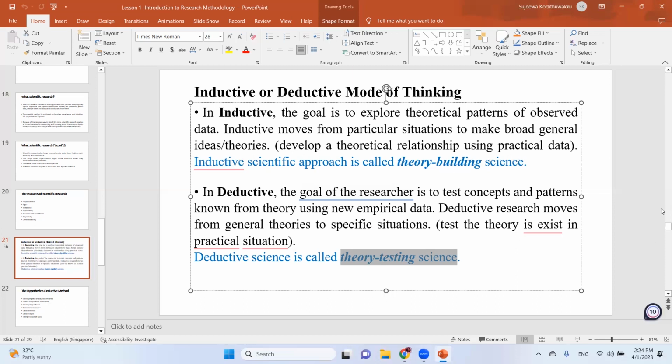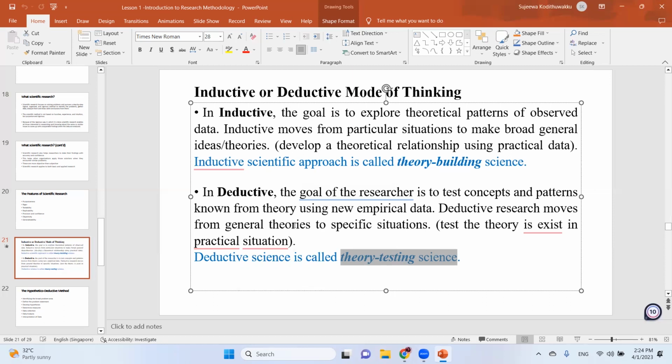But in deductive research, you have the broad theory, let's say demand and supply theory. Now you have the idea about the demand and supply theory, then you are going to apply it to, let's say, the agricultural sector or to a manufacturing oriented organization.